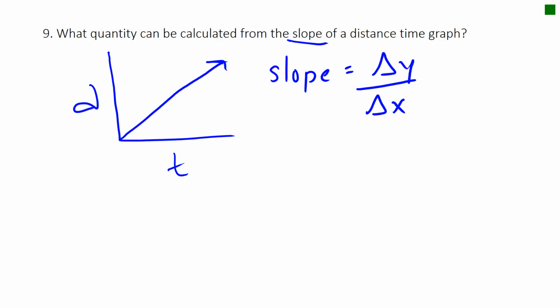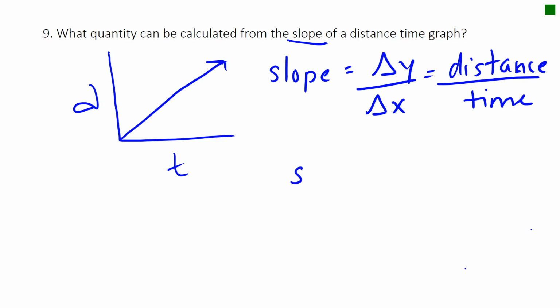Well, in this case, our y-axis is distance, and our x-axis is time. So when you have distance over time, that will tell you that the slope is equal to speed, because speed is distance divided by time.